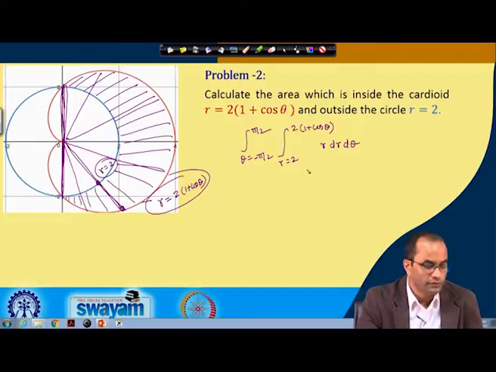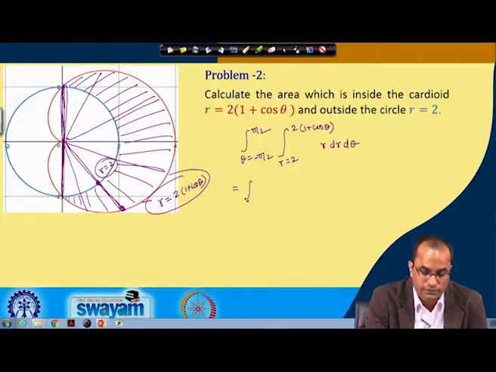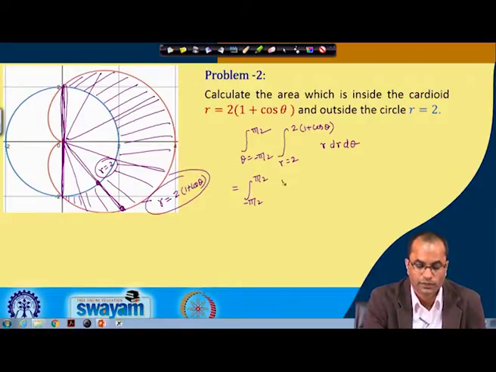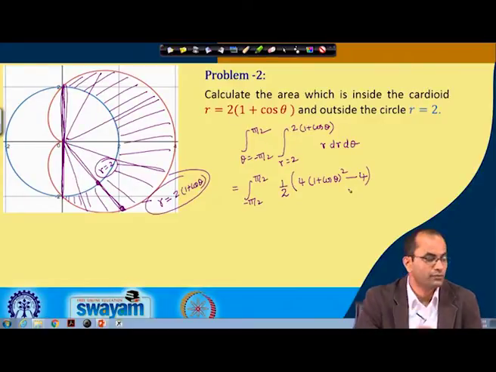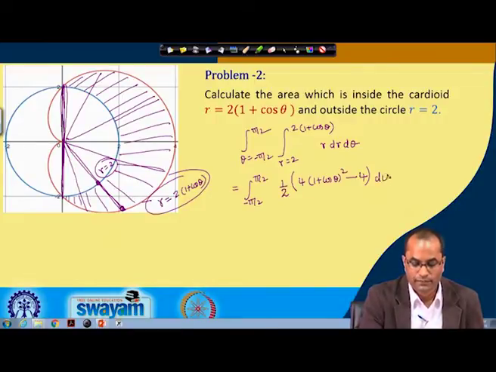Which we can now evaluate easily. So, this is minus pi by 2 to pi by 2, here r square by 2. So, r square means here 4 times 1 plus cos theta squared for the upper limit, and then minus 4 again for the lower limit, and this d theta.